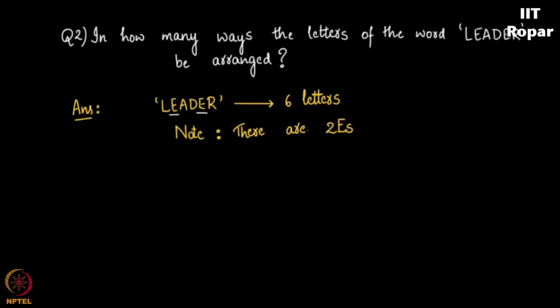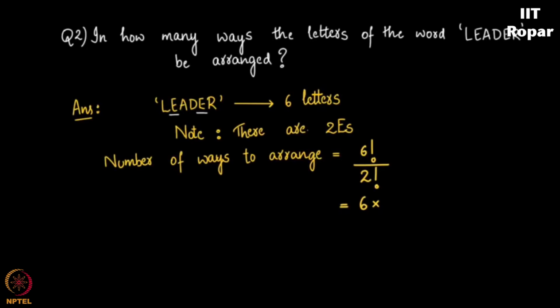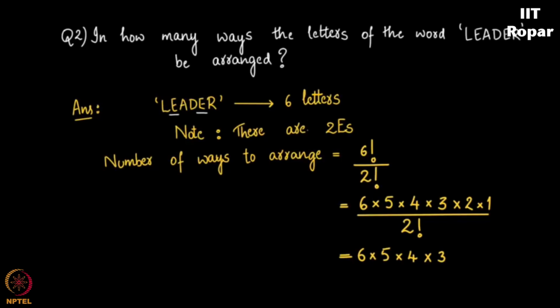So we have 6 letters and 2 repetitions of E here. So the number of ways to arrange are 6 factorial by 2 factorial. This 6 factorial is 6 into 5 into 4 into 3 into 2 into 1 divided by 2 factorial, and this is 6 into 5 into 4 into 3, which comes up to 360.